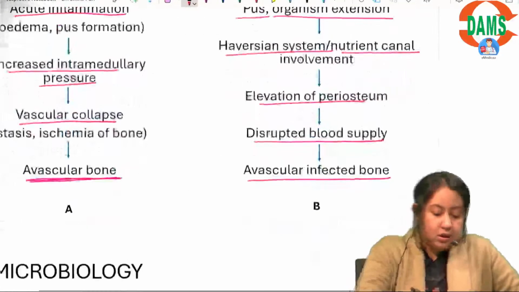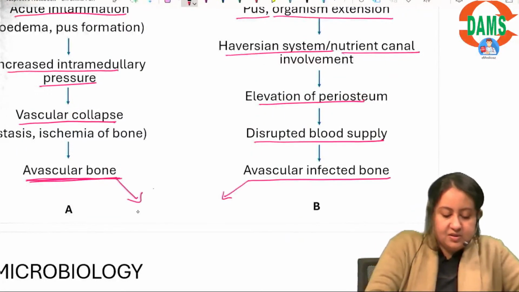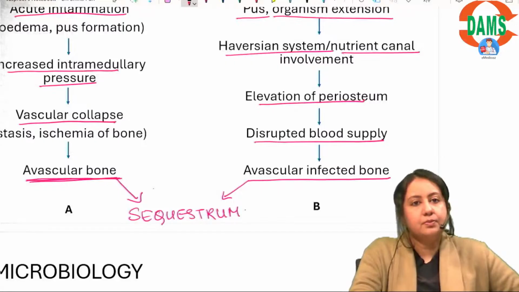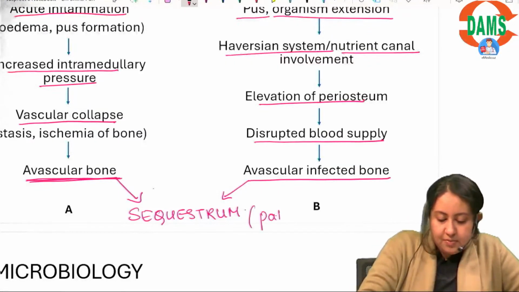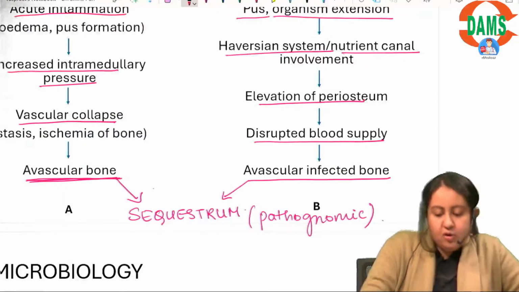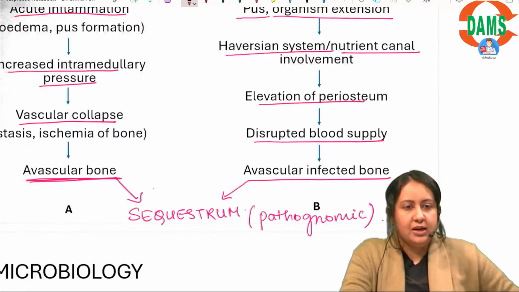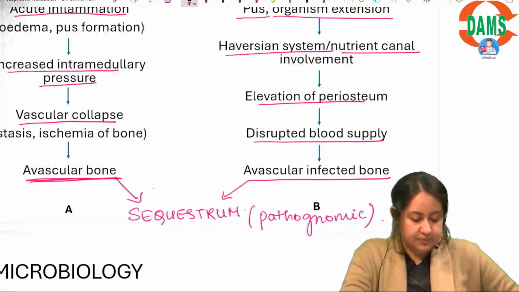Now this avascular infected bone gives rise to sequestrum. And this sequestrum is pathognomonic of osteomyelitis.